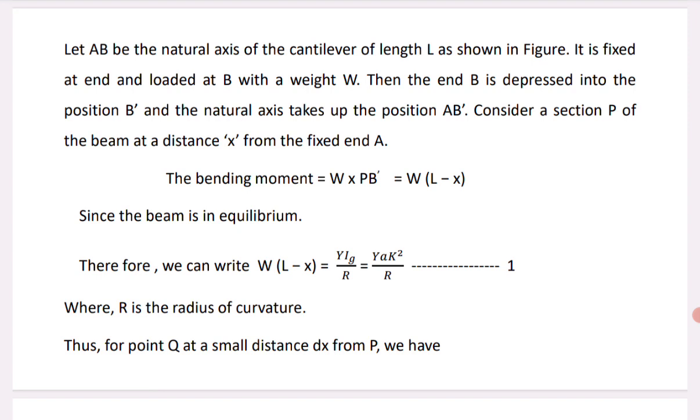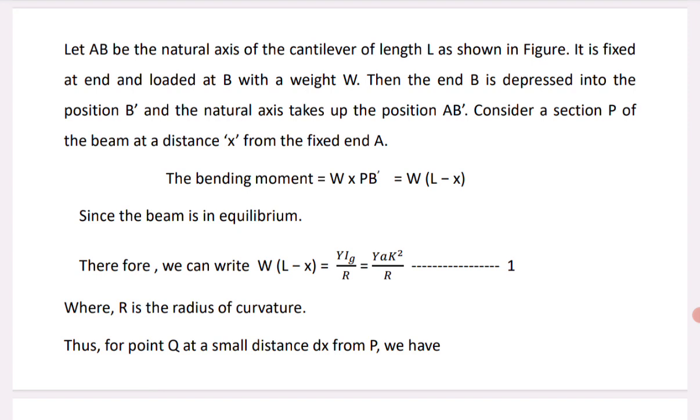Since the beam is in equilibrium, we can write W into L minus x, which is equal to Y Ig by R, which is equal to Y A k square by R, where Ig is equal to A k square. So W into L minus x is equal to Y A k square by R. Let this be equation number 1, where R is the radius of curvature.